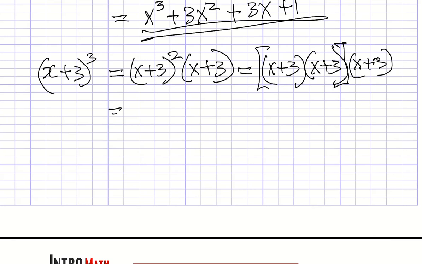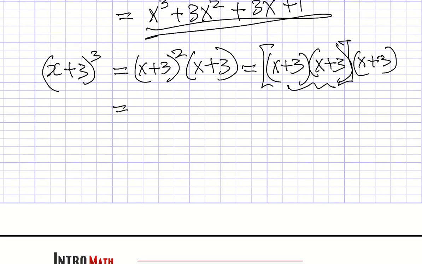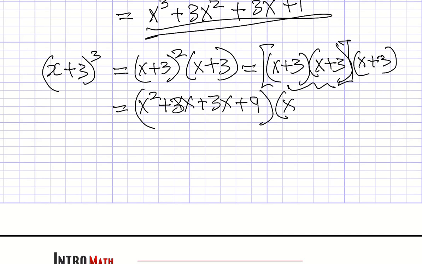So we did this first. We'll have x times x, x squared. Sorry about that. We'll have 3x, and then we'll have another 3x, and then we'll have 9. Okay, all that. Don't forget what we left outside. We'll leave nobody behind. And then we'll have x squared plus 6x plus 9.